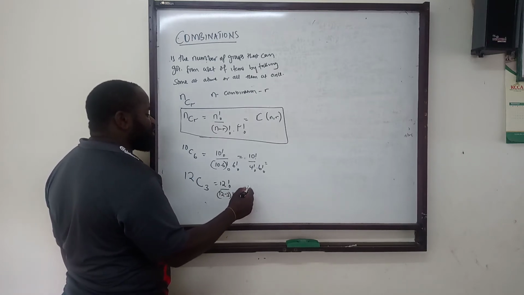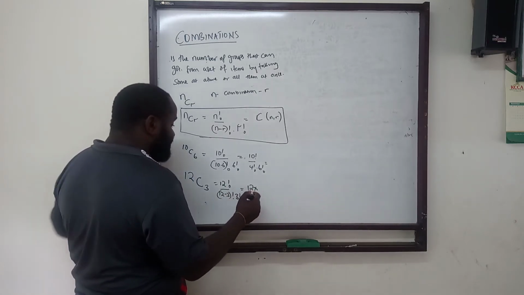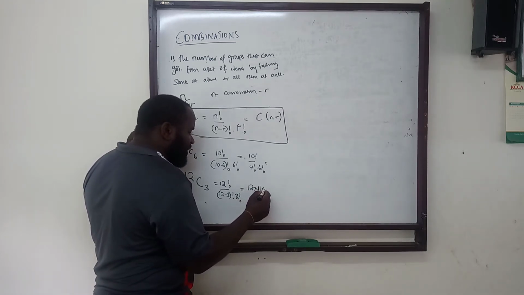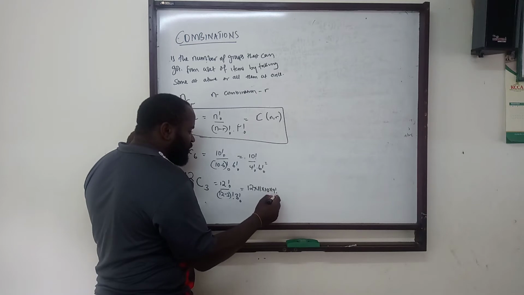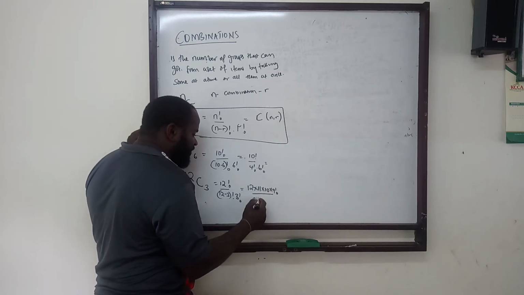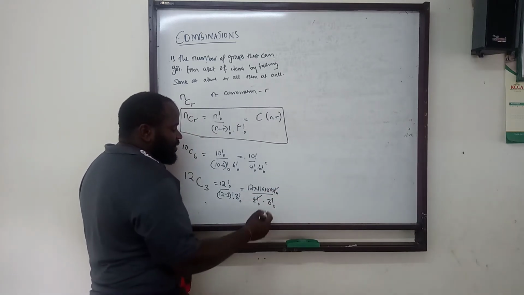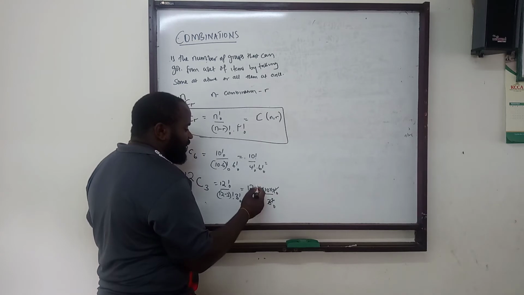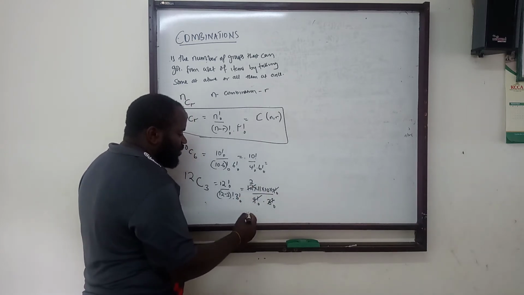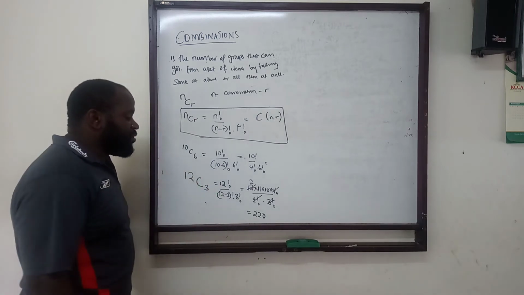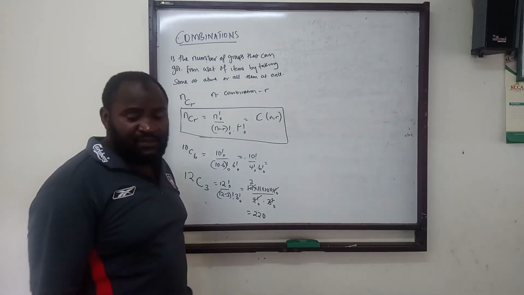This is the same as 12 times 11 times 10 times 9 factorial over 9 factorial times 3 factorial. If I divide by 9 factorial, I lose that. This is 3 factorial, which is 6. I divide it with this, I get 2. My answer becomes 220. So those ones we can compute off head straight away, we can get the results.